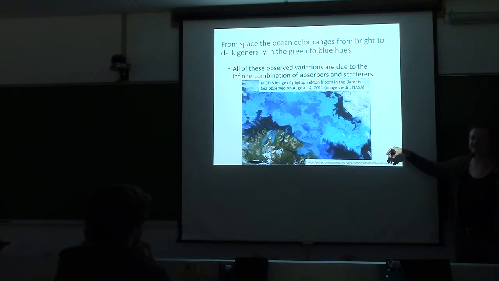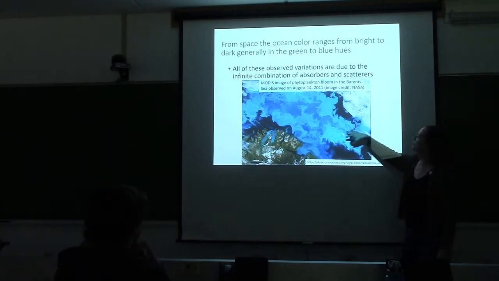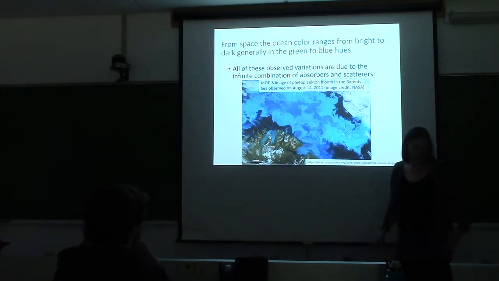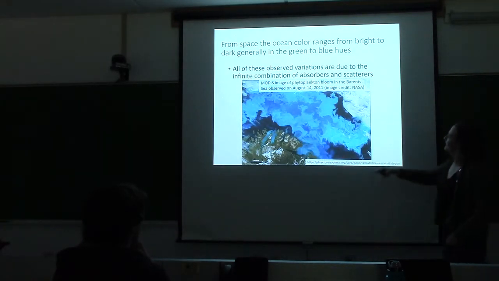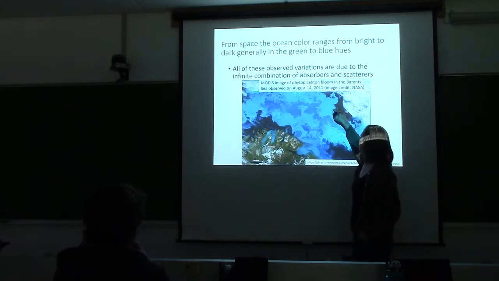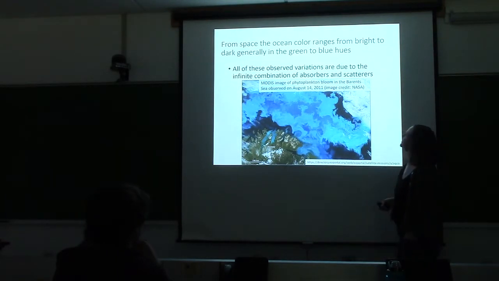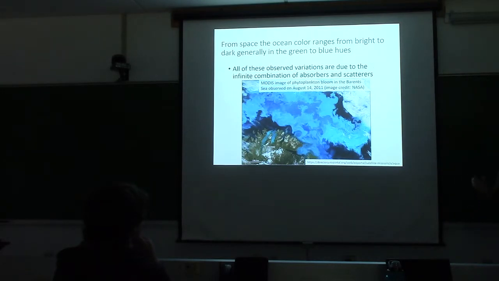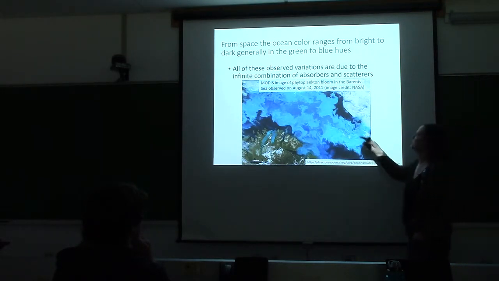Is it gorgeous? So we see all of these incredible features in the ocean, and they tend to be variations of blue and green. Like here's really dark blue, and here's light blue and greenish. And it is due to this infinite combination of absorbers and scatterers.